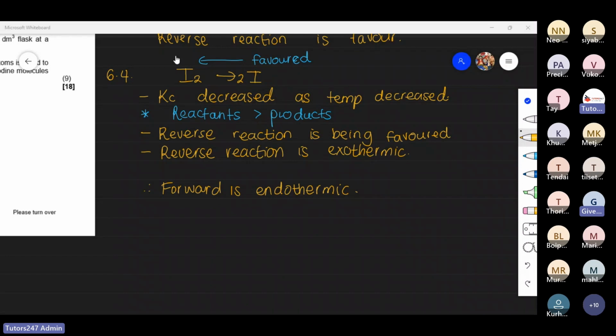Okay, let us redo question 6.4 from the start. Before we start with the explanation, let us read the question once more.